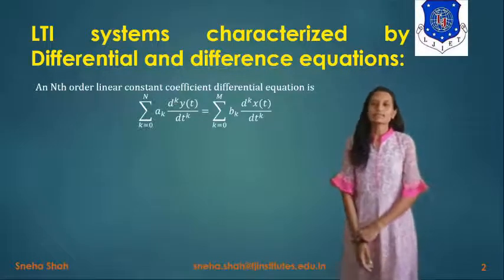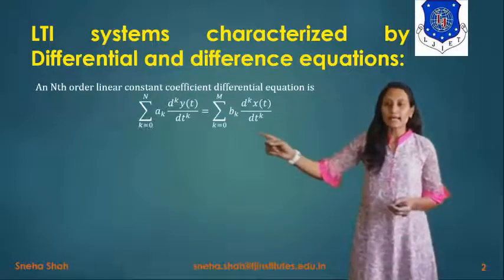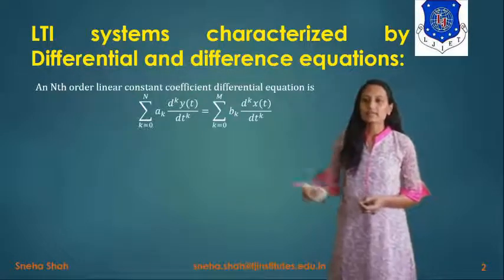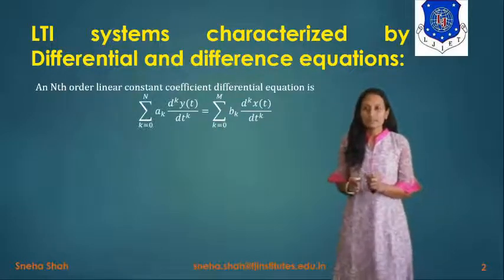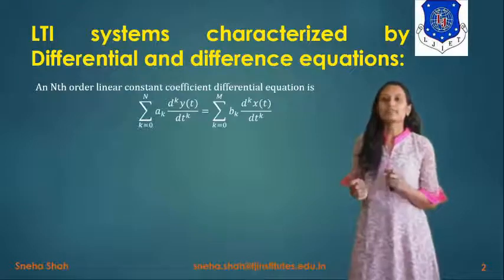In this, we have used b_k as the constant of the input signal and a_k as the constant of the output. We have taken the number of input terms to be different from the number of output terms.